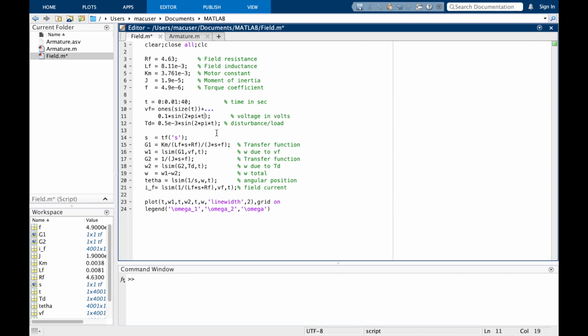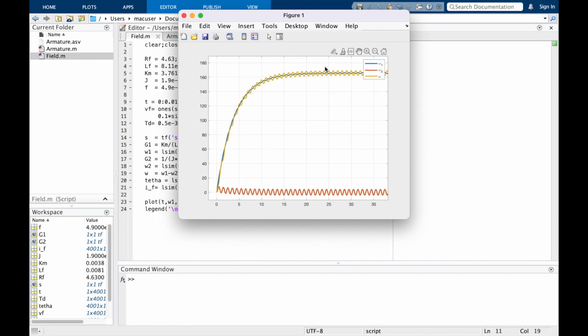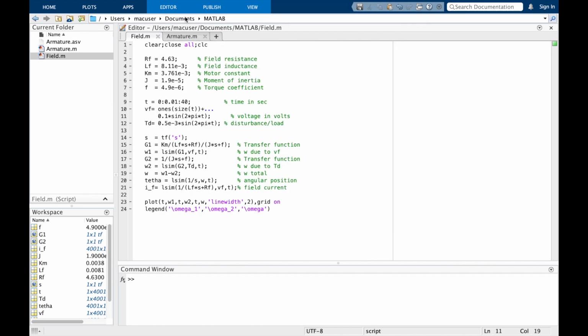This is the input voltage, and let's see how the omega appears. Okay, this is the result. Let's look closer. This is the comparison between omega 1 and omega.